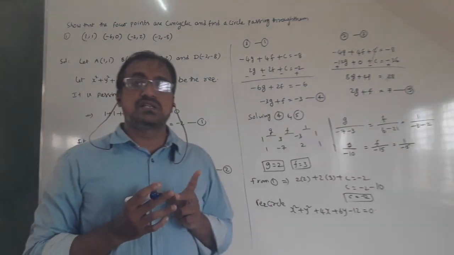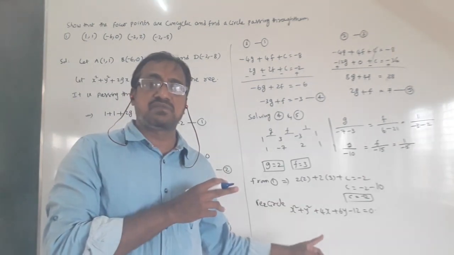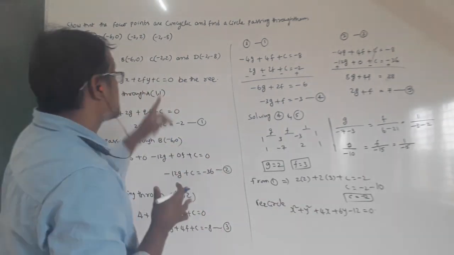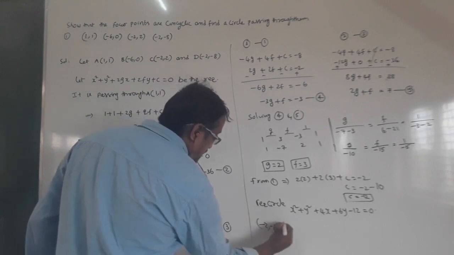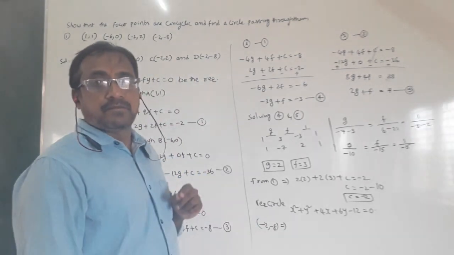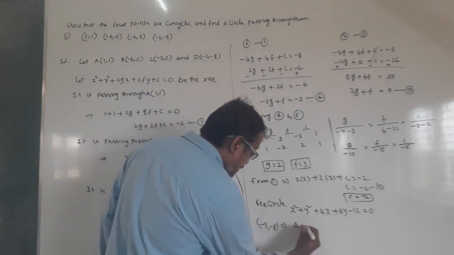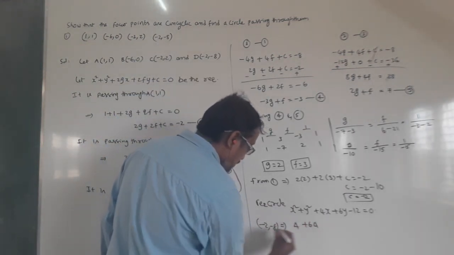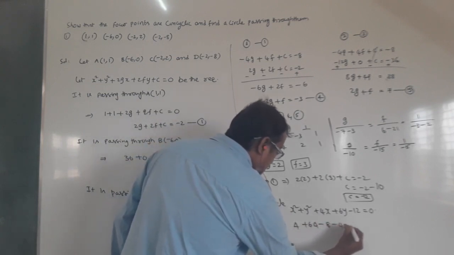These 4 points lie on the same circle if the fourth point satisfies this circle. So consider (minus 2, minus 8) on this circle. Now it will be 4 plus 64 minus 8 minus 48 minus 12.